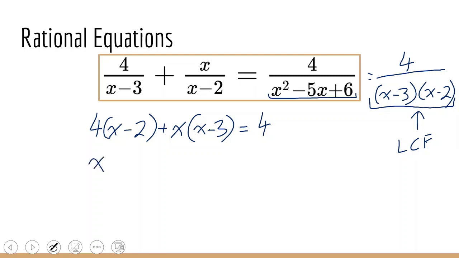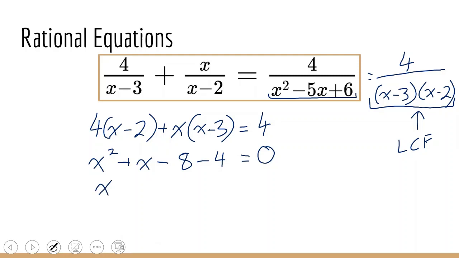So we just have 1x squared. And then in terms of x, we have 4x minus 3x, so we would just get x. And then we have minus 8 over here. And let's go ahead and also bring this 4 to the other side too. So then we have it equal to 0.